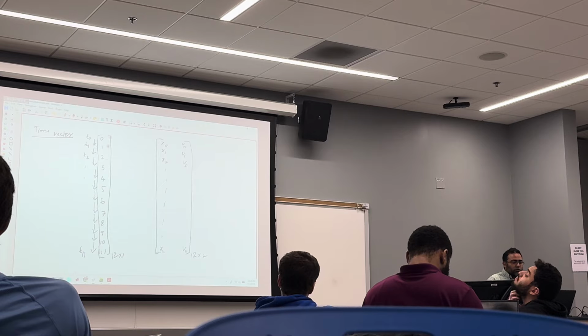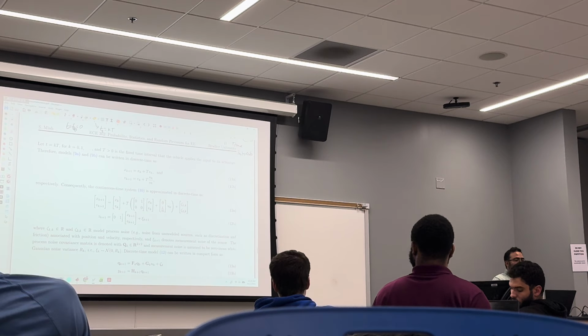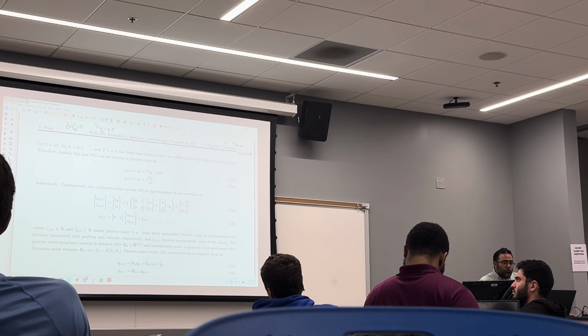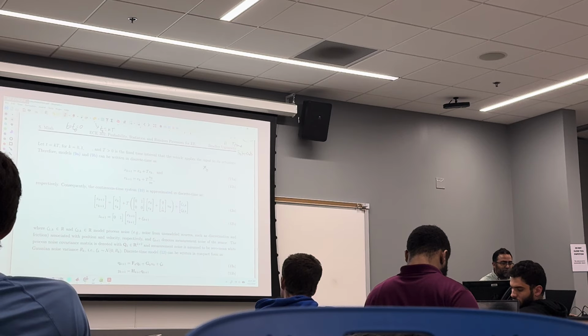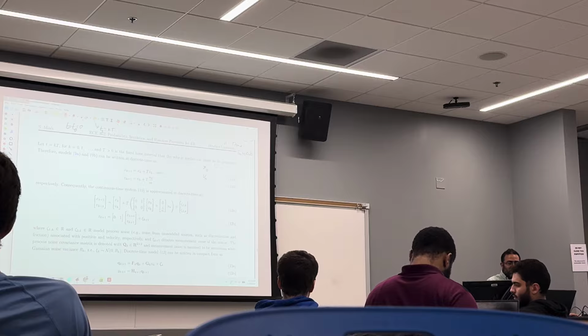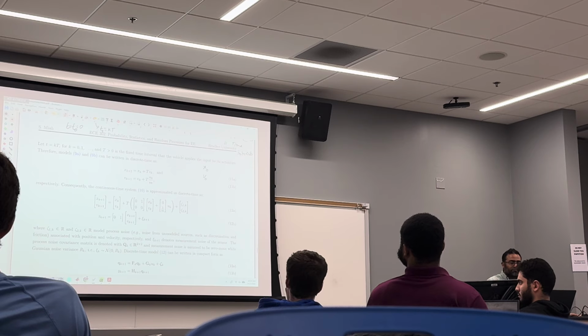So now let's move on to this equation. Look, this equation is simply a for loop. You start with the vehicle's position at time 0 and the vehicle's velocity at time 0. You substitute x0 here, v0 here, and with velocity v sub k, you get the position at time instant k plus 1.